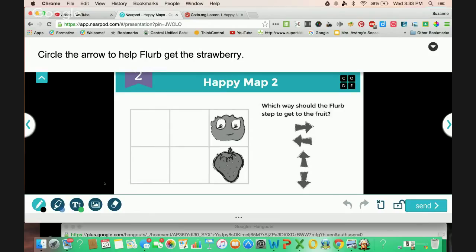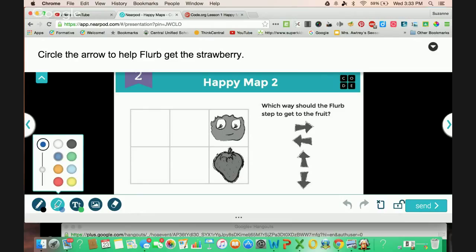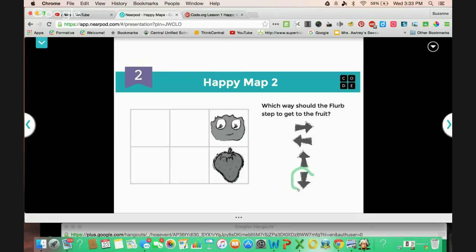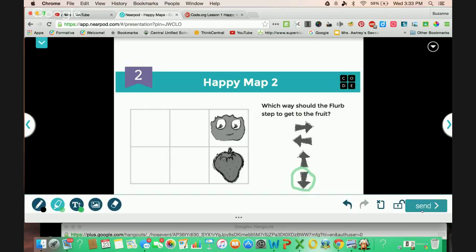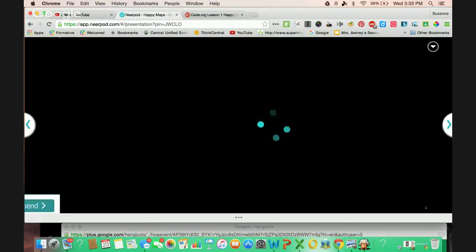Now he's going to eat strawberries. Oh my goodness, Flurb loves strawberries. I think I'll choose green because green is my favorite color. And Flurb is above the strawberries, so I'm going to need to choose the down arrow to make him go down to get to the strawberry. And I need to make sure I press send so that work is turned in.